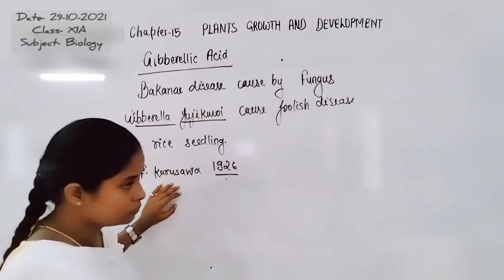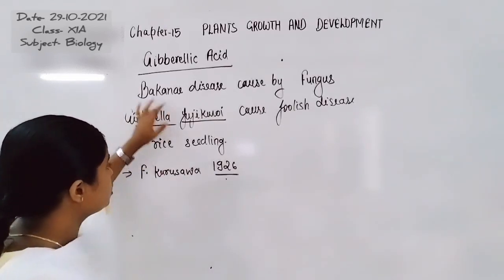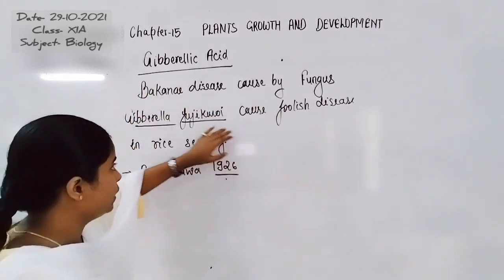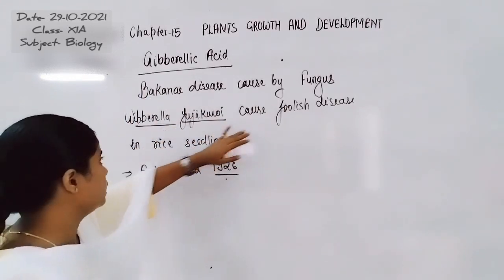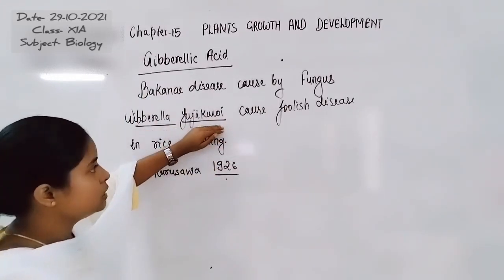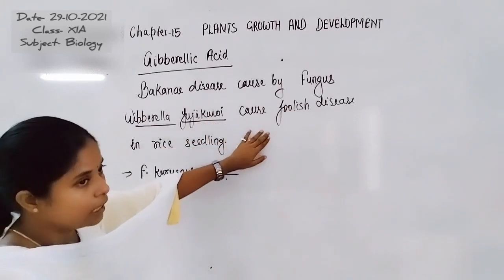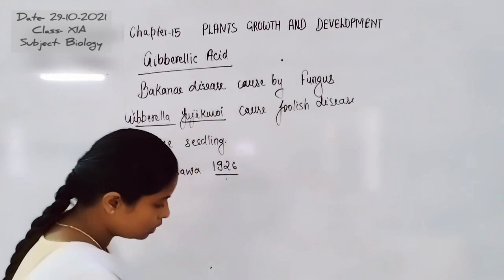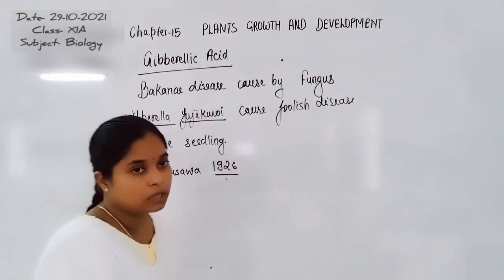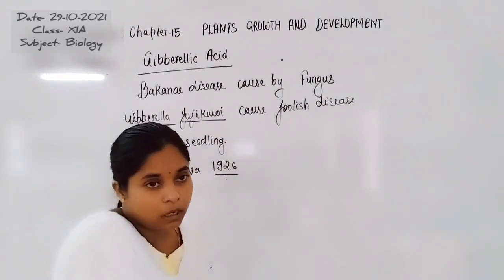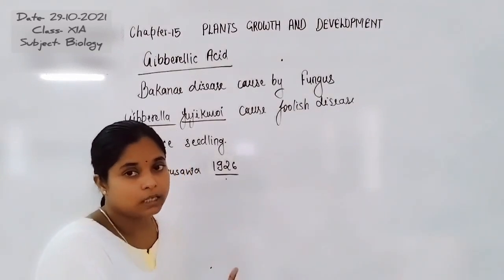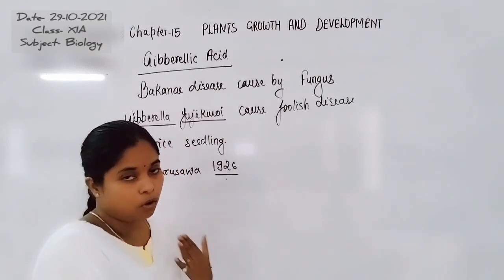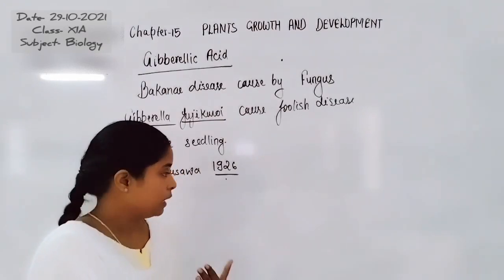He observed a disease, foolish or Bakanae disease, caused in rice seedlings. What happened with the rice seedlings? Gibberella fujikuroi is a fungus which causes disease in rice, so the rice seedlings become long, achieving greater height compared with other rice seedlings in the field.